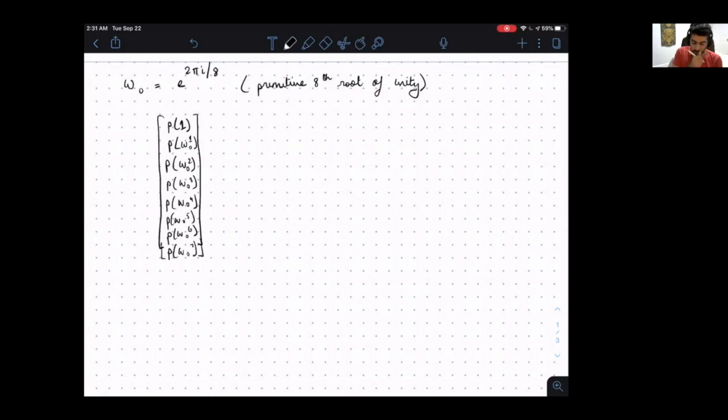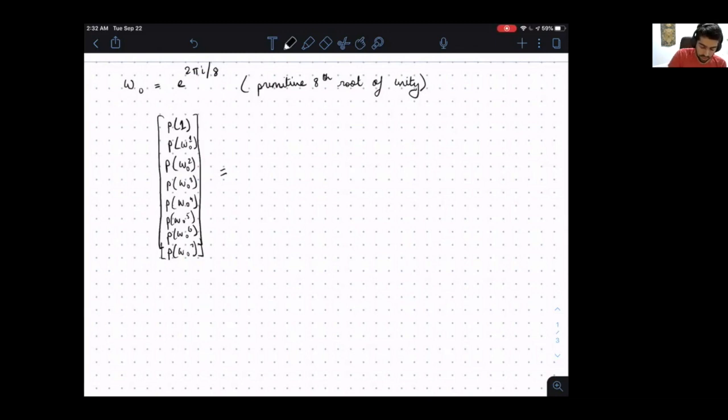Okay, so we now have 8 points, which is, again, what we decided our n was going to be. Each of these points, 1, omega naught to the 1, omega naught squared, omega naught cubed, are all distinct points, and these are all 8th roots of unity. So these are the points that we want to evaluate the polynomial at.